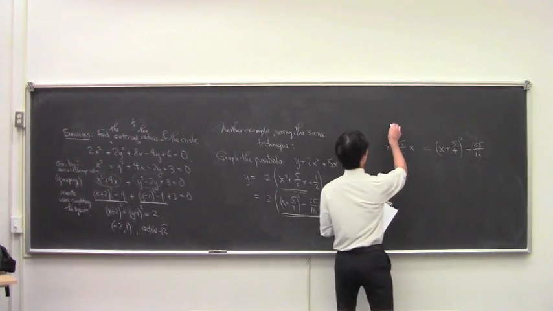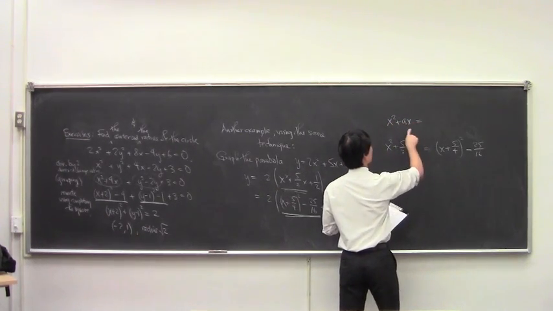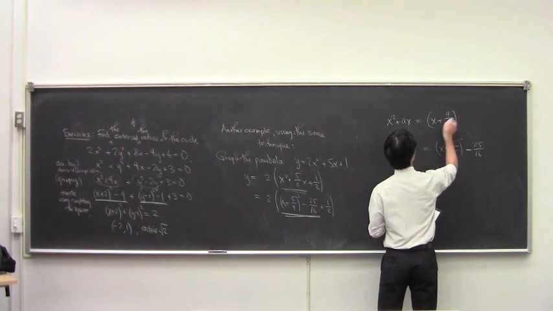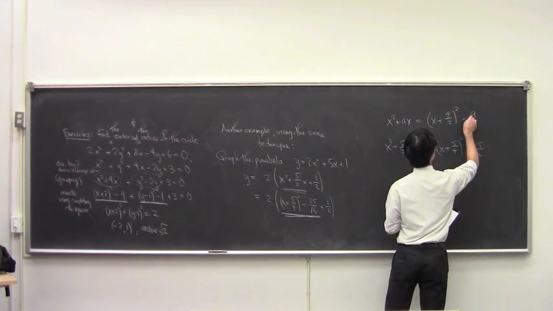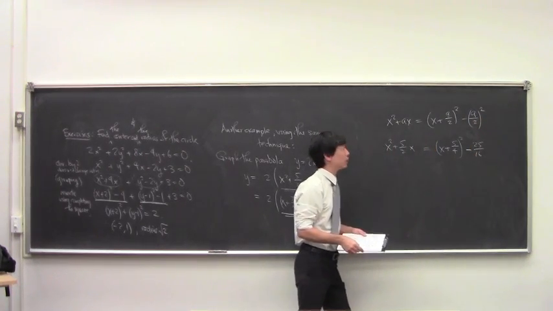Whenever you have x squared plus ax, you write it as x plus a over 2 quantity squared minus a over 2 squared. That's the general rule.